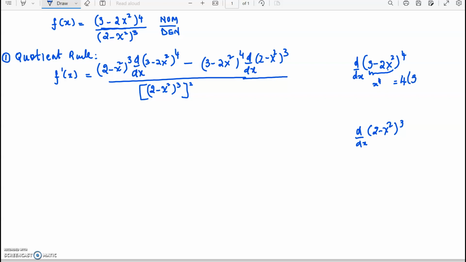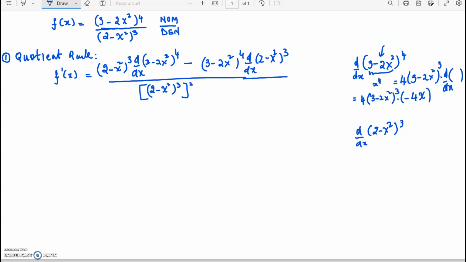So we get 3 minus 2x squared to the 1 less, so it's cubed, times d by dx of the inner function. So that's equal to 4 times 3 minus 2x squared the whole cubed times the derivative of the inner function, which is equal to negative 2 times 2 is 4, x to the power of 1 less than 2, that is 1.